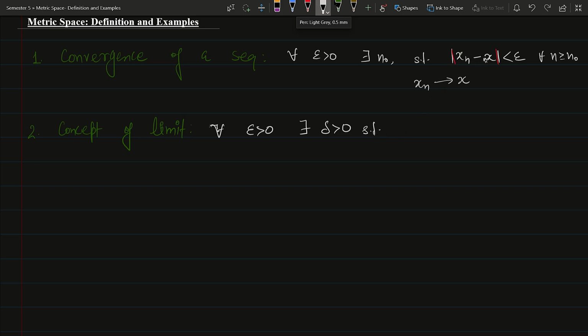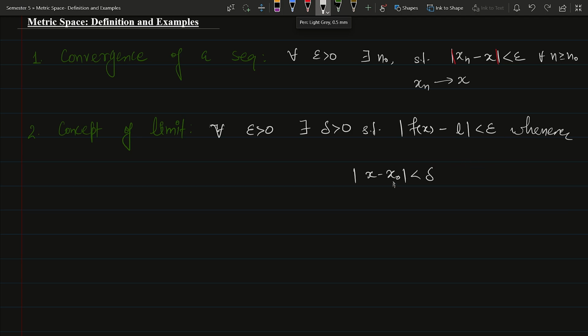We have already discussed this. Now I'm going to talk about limit of functions. Okay, so we have defined that |f(x) - L| is less than epsilon whenever we have that, suppose at some point x naught, |x - x naught| is less than delta.